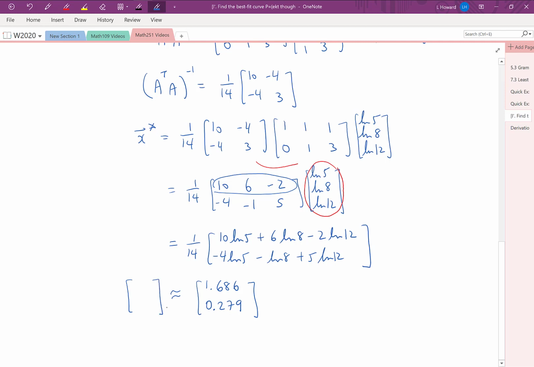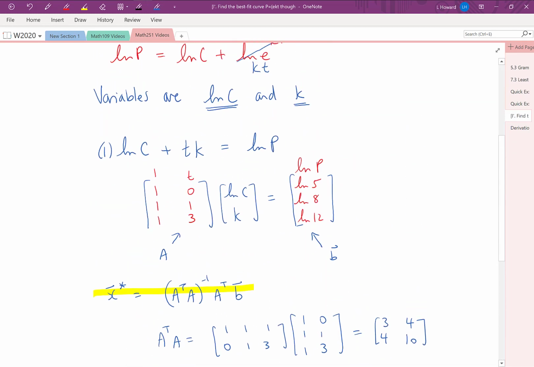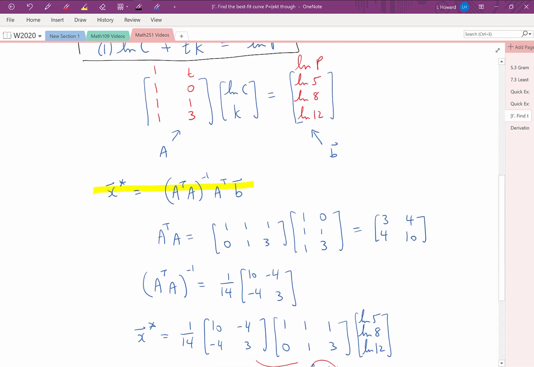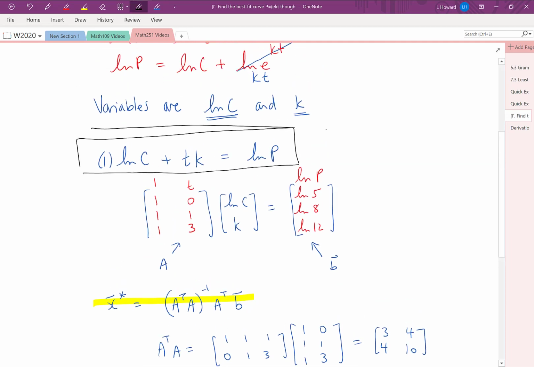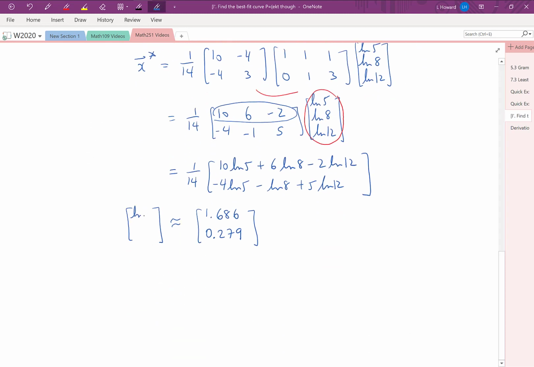So if we scroll back to earlier in the problem, we had that discussion, but the variables in order are ln c and k in that order. Okay, so we're saying ln c is about 1.686 and k is about 0.279. Okay, so for the k value, that's great. We can say k is just approximately 0.3.